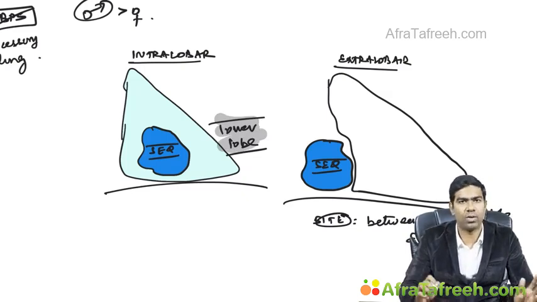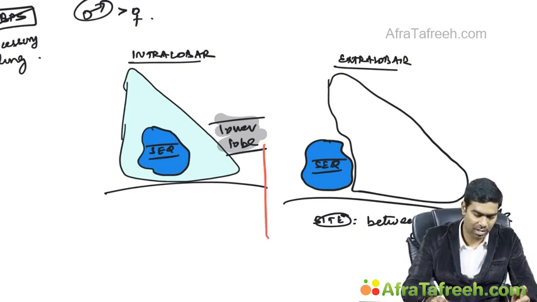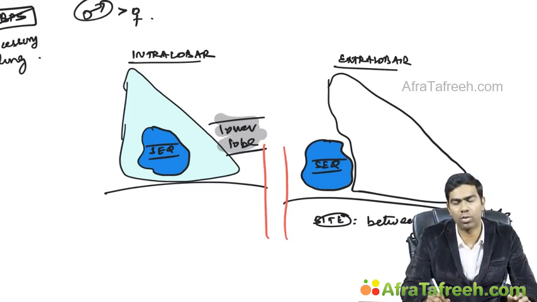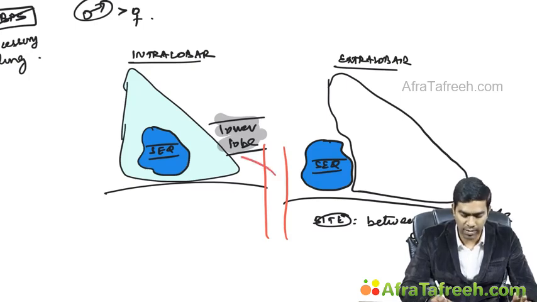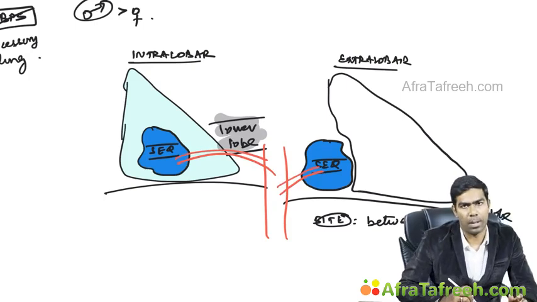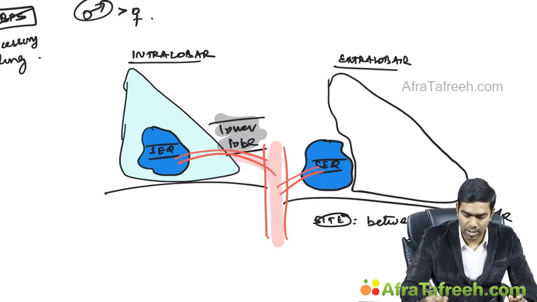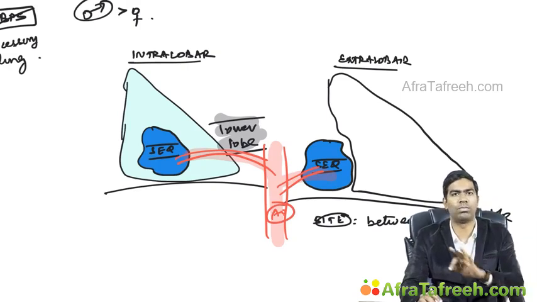But how can you diagnose this? It is by its arterial supply. Remember, it's not going to be the bronchial artery, the pulmonary artery, the pulmonary vein, or the bronchial vein. It is the aorta that is going to supply this sequestered lung. This is the gold standard for diagnosis as well. If you find that the aorta is supplying the sequestered part, boom, the diagnosis is done.